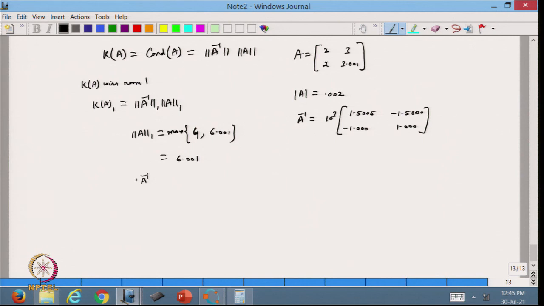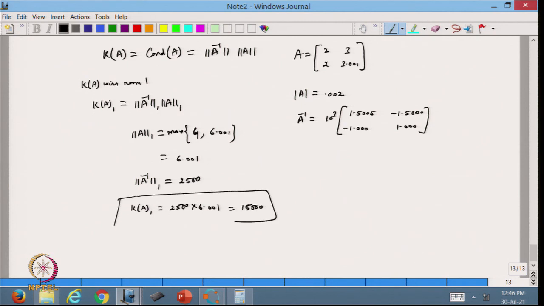Now, A inverse in norm 1 I am taking. So, if we calculate, the maximum will be 2.5, and here it will be 2.5 multiplied by 3. So, its value is coming 2500. Now, from here the condition number of A in norm 1 is going to be 2500 multiplied by 6.001, and that is approximately equal to 15,000.